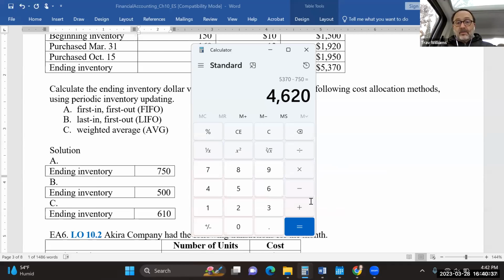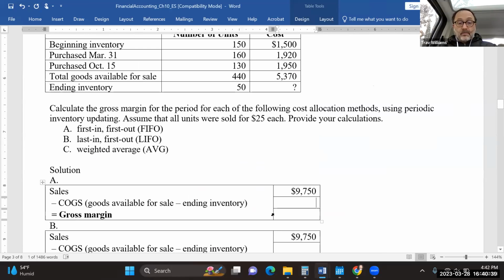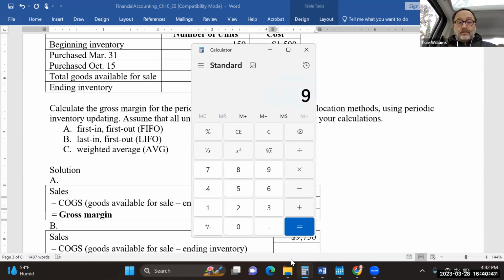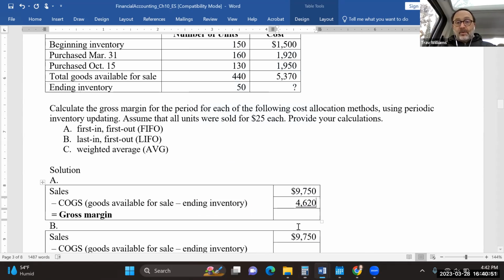That is our cost of goods sold. We can then subtract that from the sales revenue. And we get $5,130. Okay? So it's not too hard, but it is a little easy to get confused with all these different numbers.